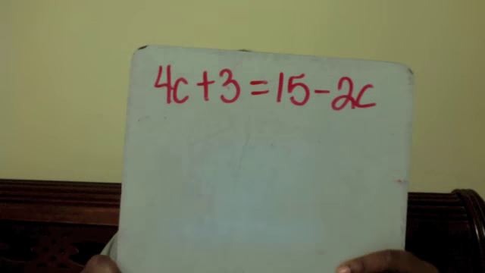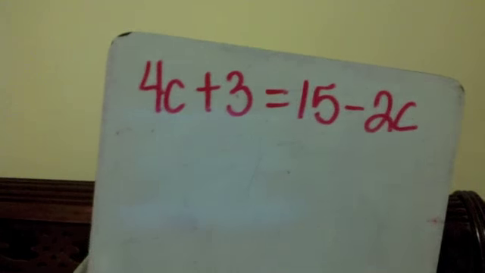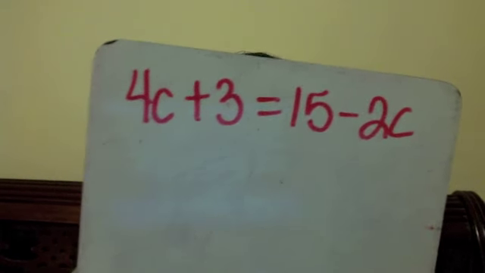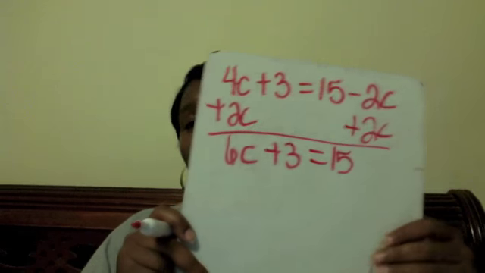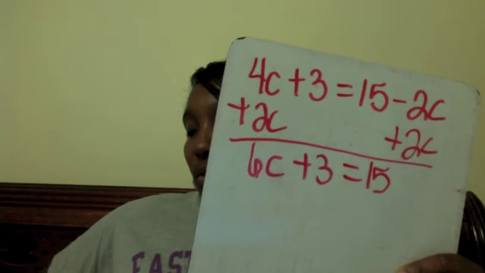Now, again, I'm going to stick with the same side for the purpose of being consistent, and I'm going to add 2c to both sides. Now, the next step is to subtract 3 from both sides.